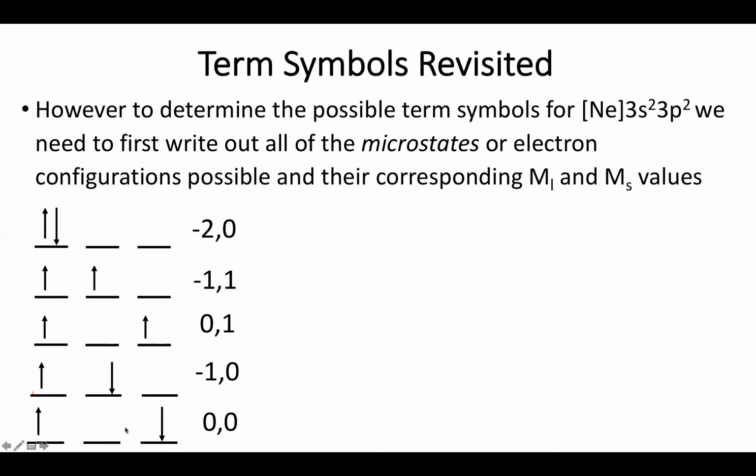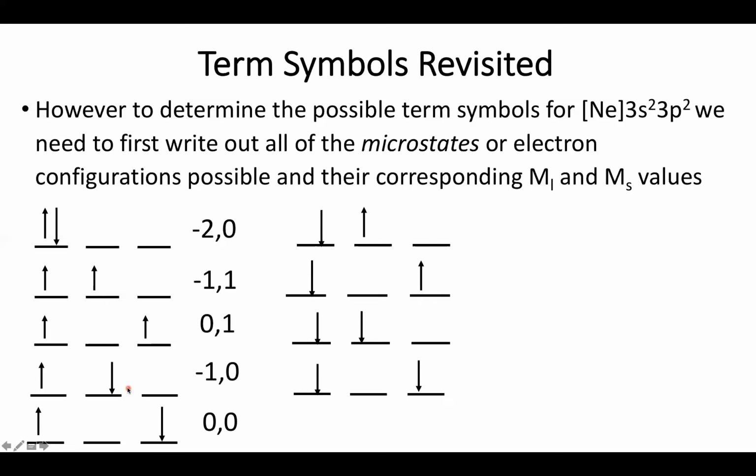So I can regenerate these 4 states where my first electron is pointed down and I leave everybody else the same. So when I do this, my m sub L values won't change. But now my m sub s values will decrease by 1. So as I go from a value of 1, this now becomes 0, 0, and then in these cases, everybody's pointed down, so I have a -1 value.